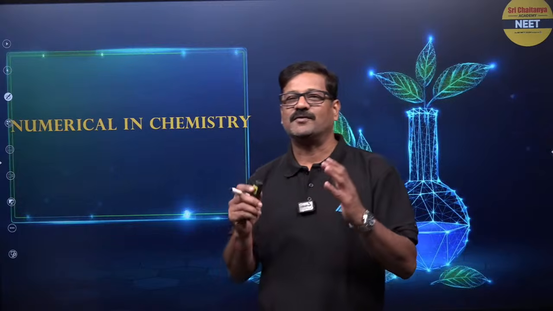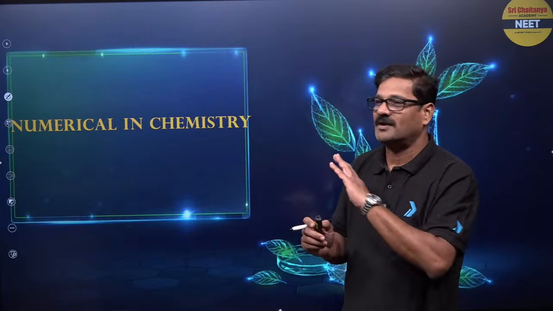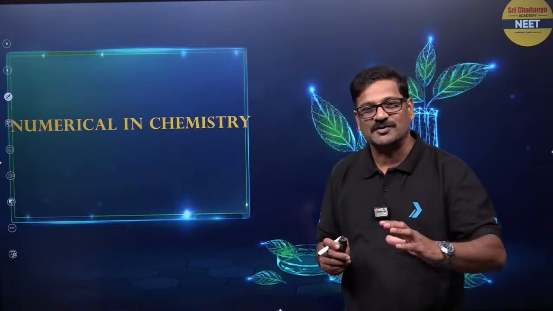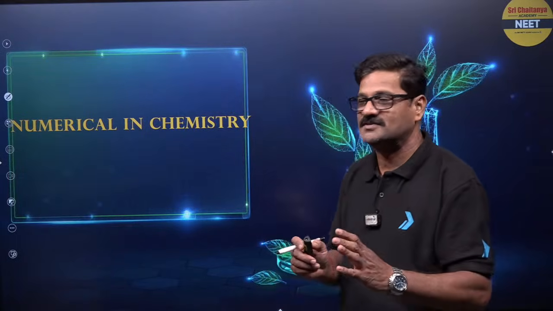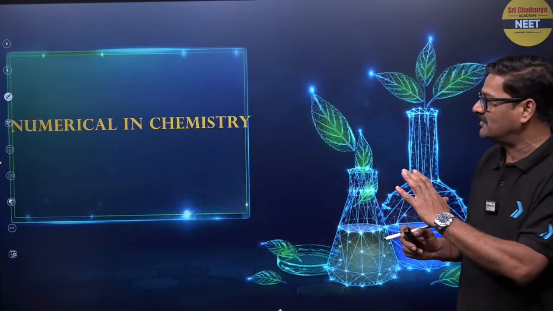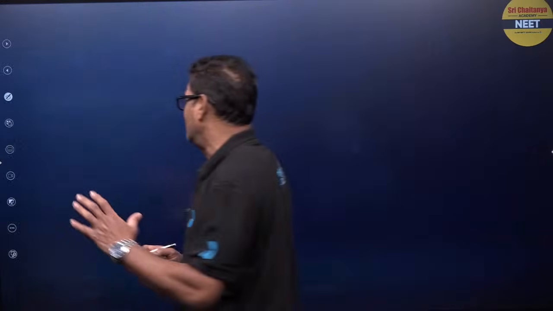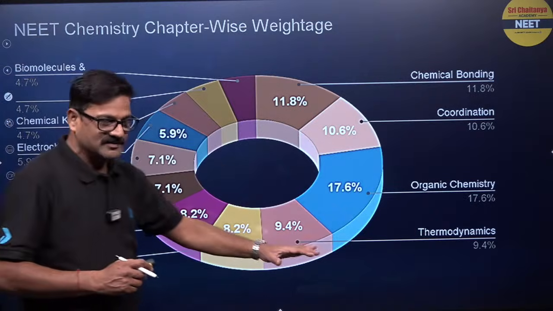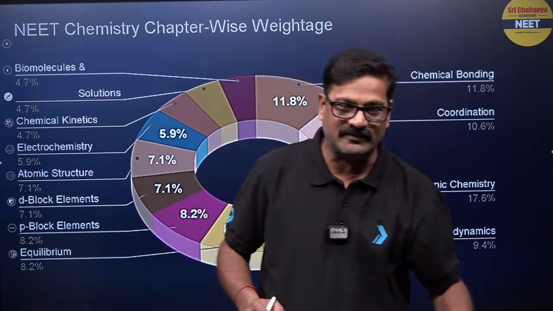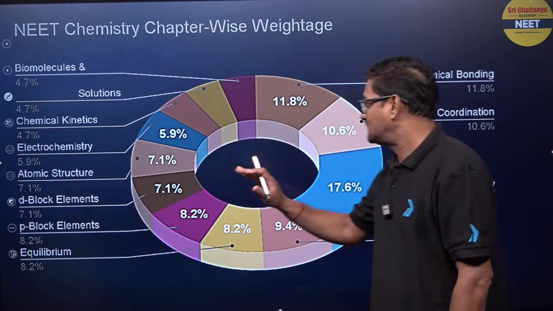Let us see, before cracking the numerical things in chemistry, I want to give the statistics of how the questions come from the various chapters, and let us segregate the physical chemistry part. When you see this, this is the overall weightage of the total chemistry including 11th and 12th.